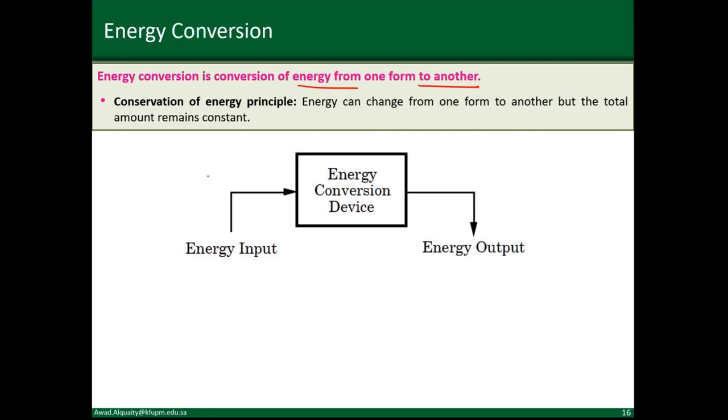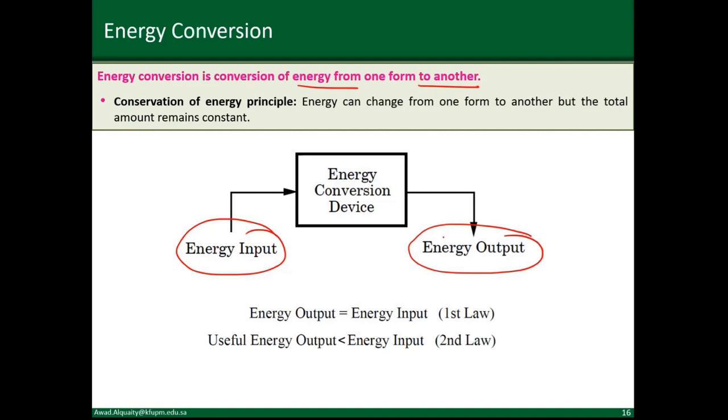Okay, so when you talk about any energy input to an energy conversion device, the device converts it into a more favorable energy output, something that you can use. And from the first law, we have energy input is equal to energy output, which is written up here. But we know from the second law that the useful energy output is always going to be less than the energy input, right?